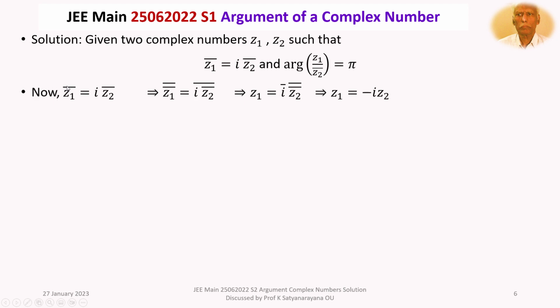Take the complex conjugates on both sides. We will get Z1 bar bar is equal to the conjugate of i Z2 bar, and Z1 bar bar is Z1. That is, the complex conjugate of the complex conjugate is the original complex number.